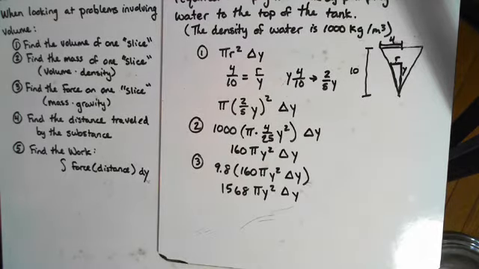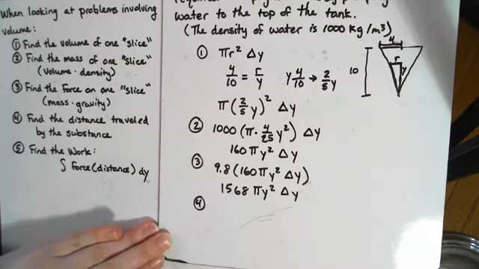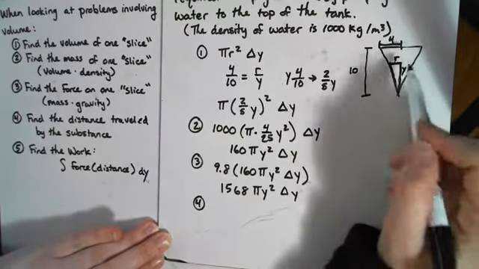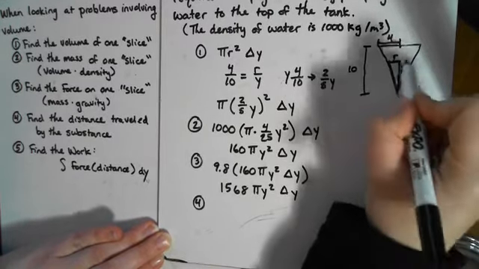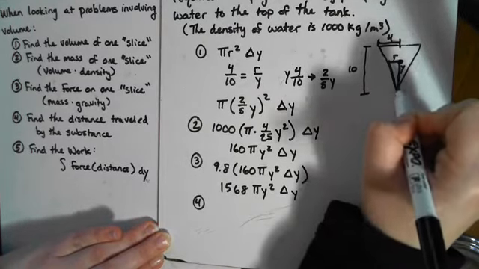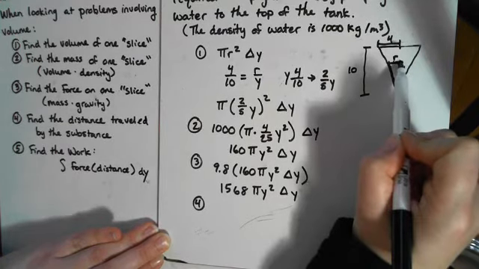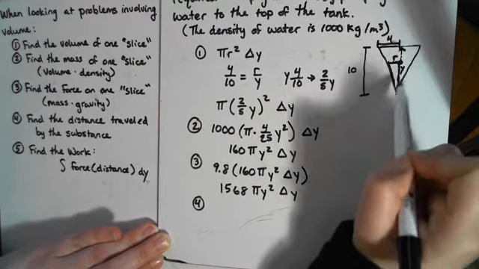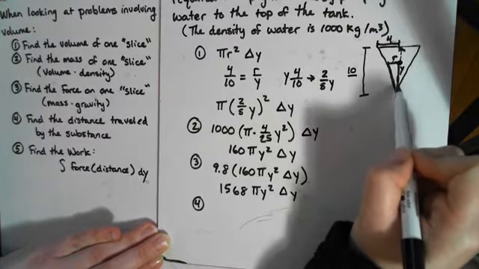Okay, now the distance. This takes a little thought. Remember, the substance is getting pumped up to the top. So if I have this at a height of y, then the distance it needs to travel is the total 10 minus that y.